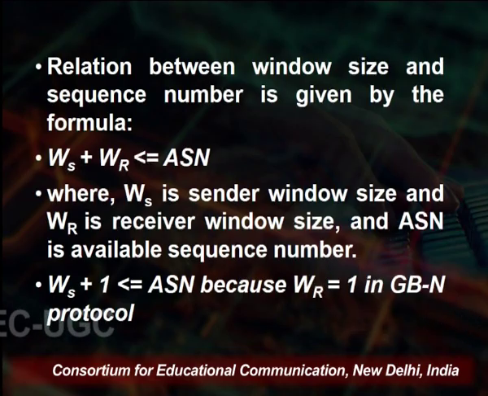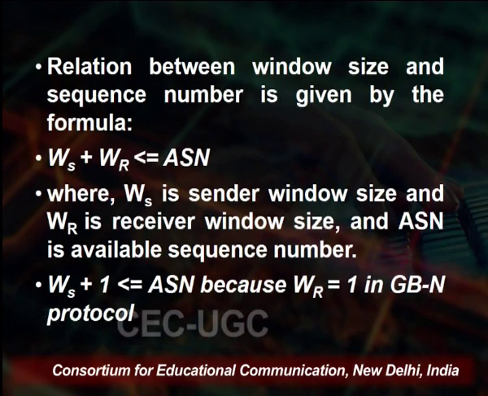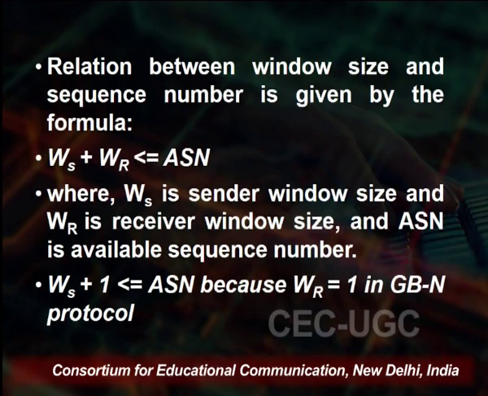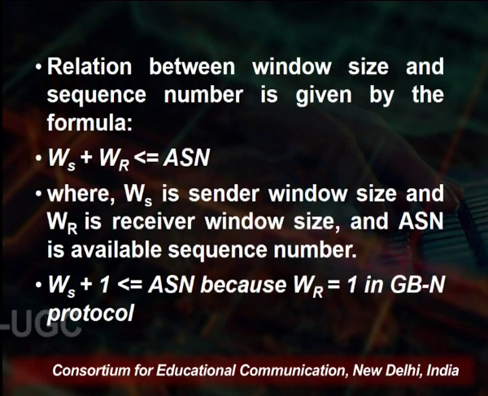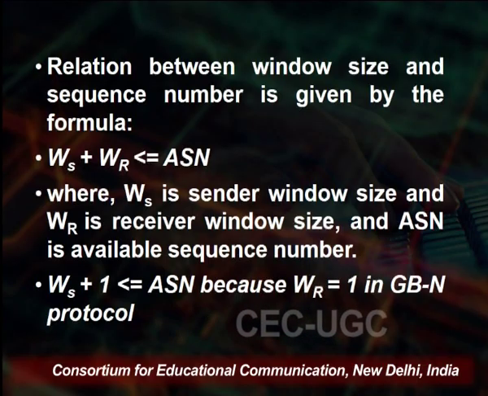So WS, the sender window size, plus 1 must be less than or equal to ASN, the available sequence numbers, because WR equals 1 in the go back N protocol.